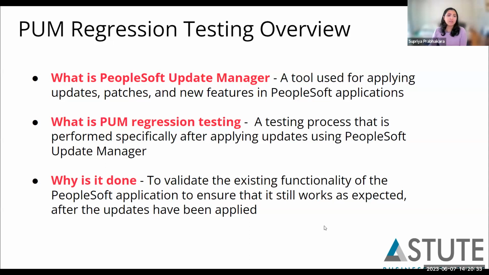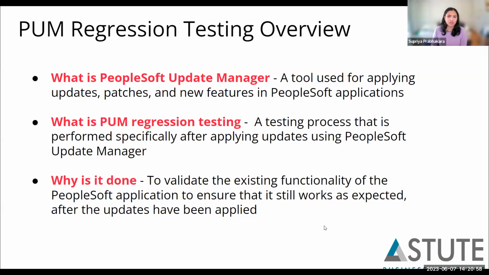And what is PUM regression testing? This is a testing process that is usually done after applying the updates using the PeopleSoft Update Manager. And why is it done? This is to make sure that the existing functionality is working as expected after applying the PUM.